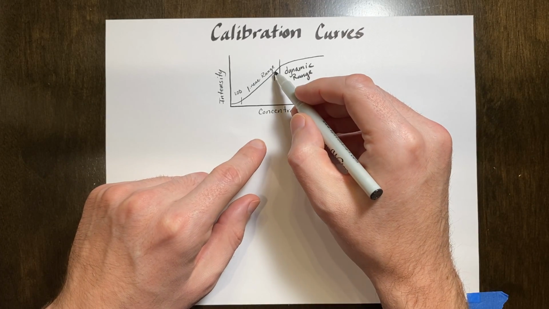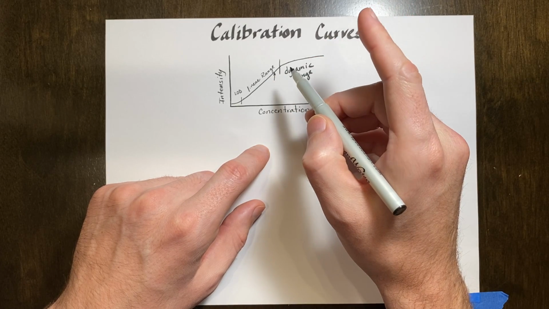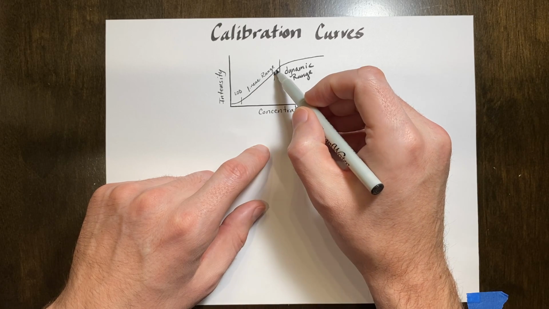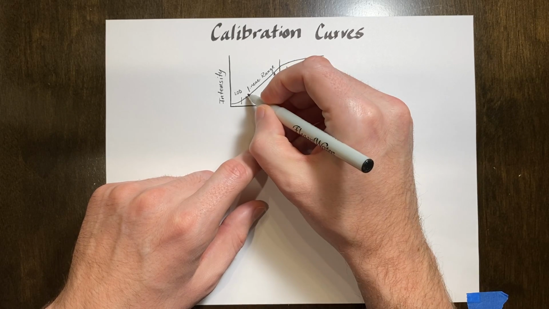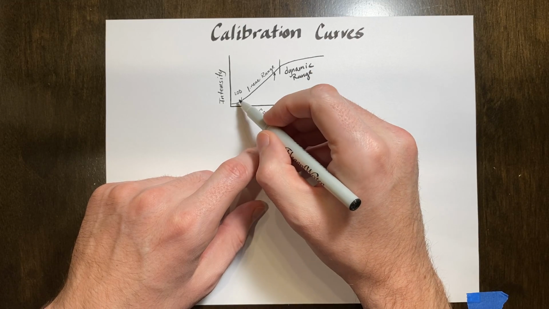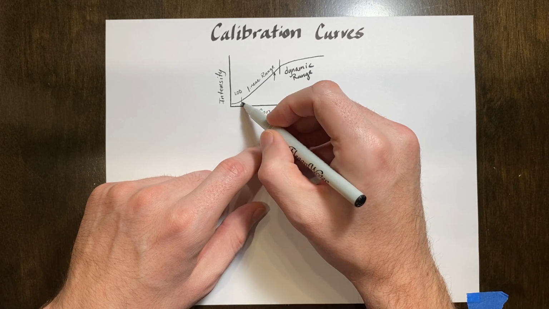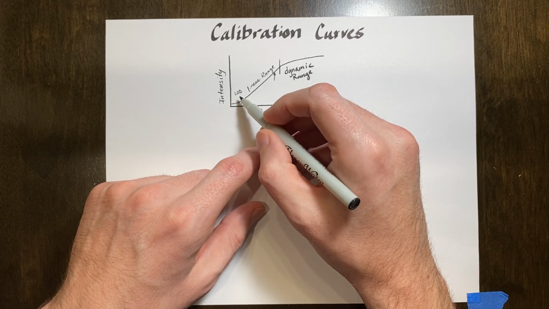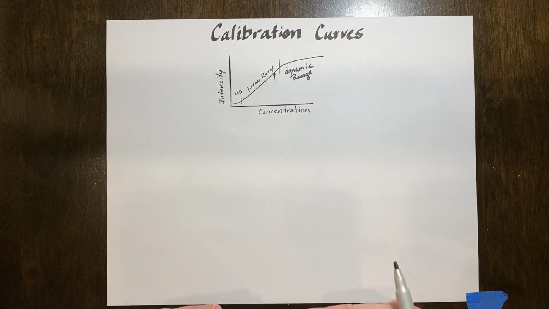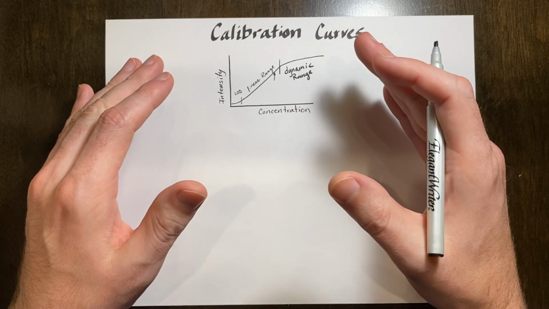So make sure that wherever you're actually measuring for an analytical method, you stay within your data points of the calibration curve. It's also important not to go below where your calibration curve is, so that we don't encounter the limit of detection.